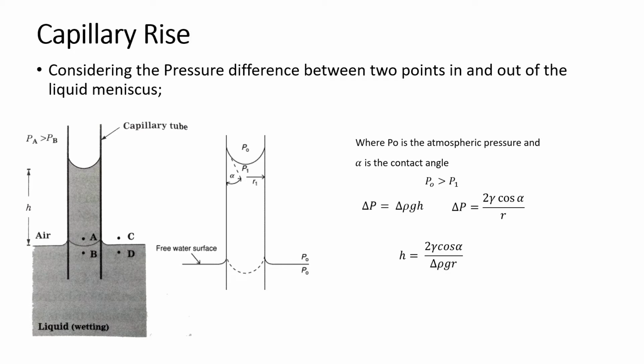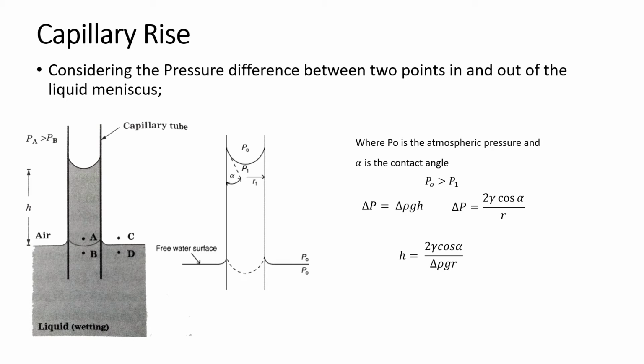It is derived from the weight of the liquid column, which is higher than the surface level of the liquid. And then the other equation for delta P is derived considering the surface tension on a meniscus, and we can equate them two to get the equation for the capillary rise, which is h equals 2 gamma cos alpha over delta rho g r, where gamma represents the surface tension of the liquid and alpha is the contact angle of the meniscus with the internal wall of the capillary tube.